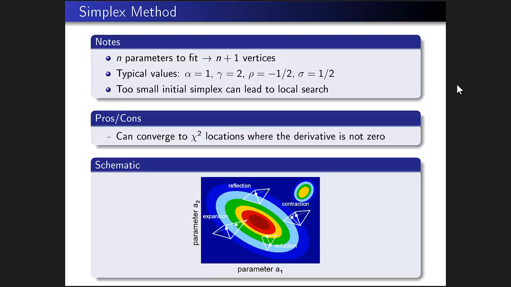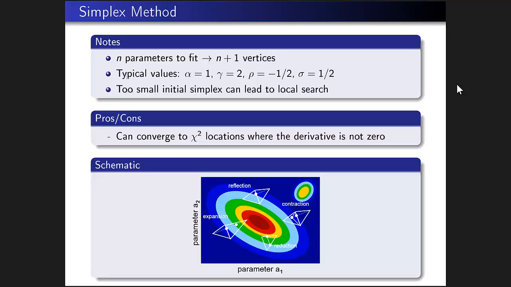And here are typical values of those coefficients in these different actions. This code is often called amoeba. Numerical Recipes in C calls it amoeba because you can picture this triangular region morphing and finding its way to the minima.